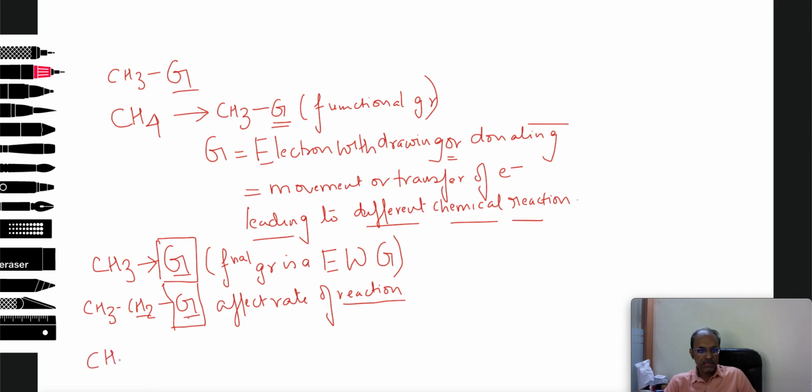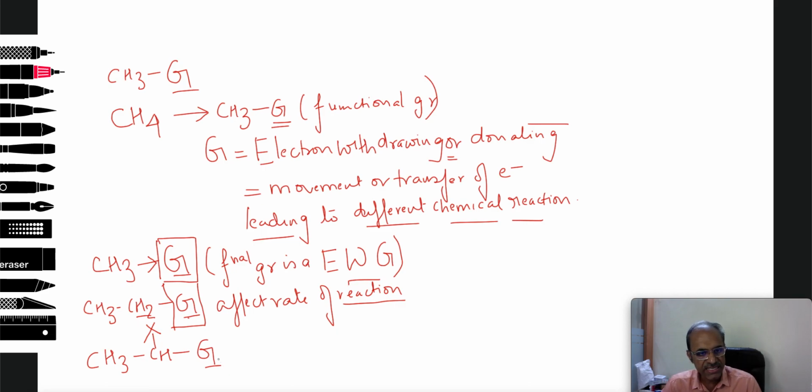Now, one more example I'll take. Suppose this is CH3CH with some other functional group X, and here this is our G, the electron withdrawing group, right? So this is also one functional group, and this is also one functional group. With the presence of both functional groups, the function of each individual functional group will remain the same.